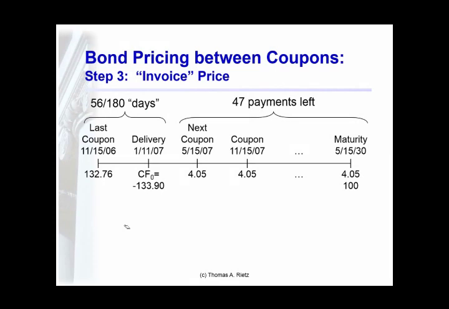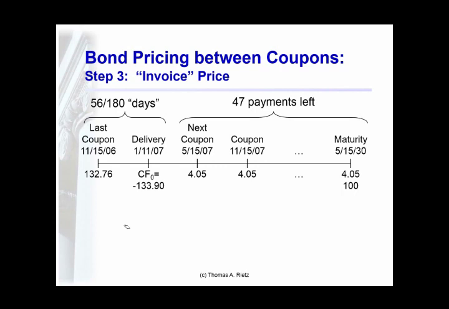So how many days have passed? Well, by convention for corporate bonds in the U.S., they are typically priced based on the assumption of a 30-day month and a 360-day year. In contrast, treasuries are usually priced on a convention of actual calendar time.